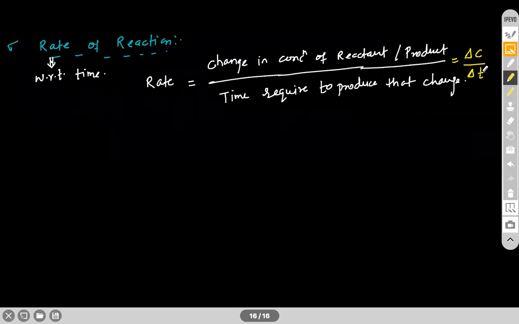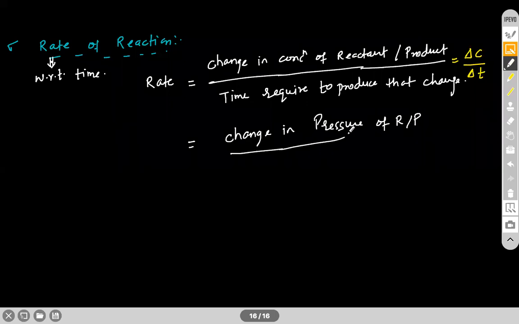Okay. Suppose the reactant or products are given in gaseous form, then what will we write? The change in what? If gaseous form is given, then the change in pressure of reactant or product divided by again the time required to produce that change.